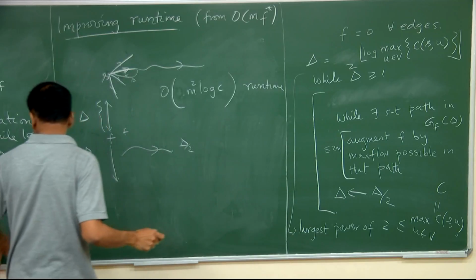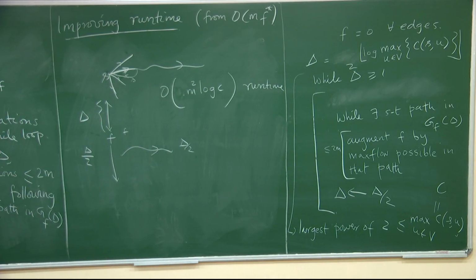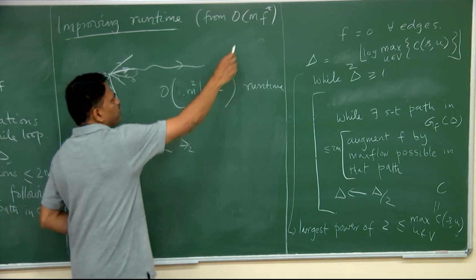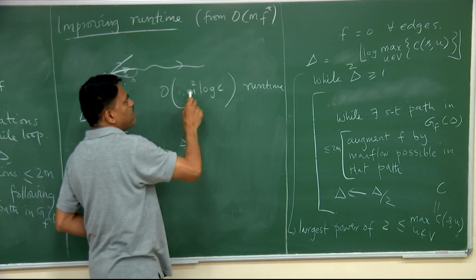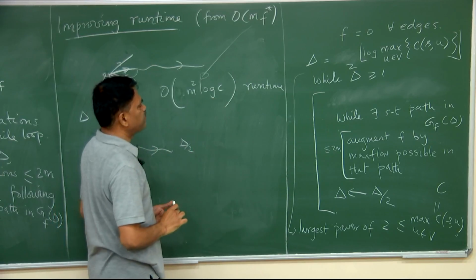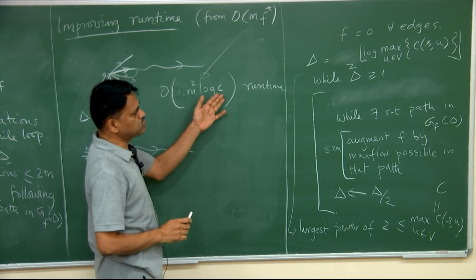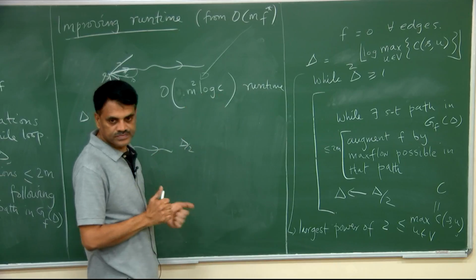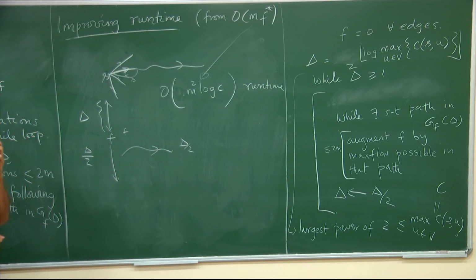Modulo the proof of this claim we need to go through, we have reduced the running time. I have to sacrifice a factor of m here. This m becomes n square, but now it is log of the max value out of S. So this could be considered a polynomial time algorithm.